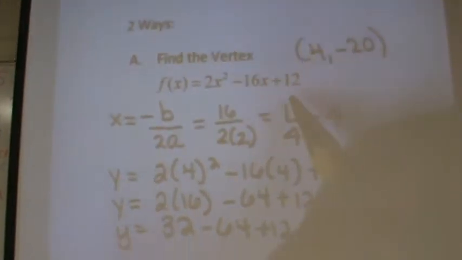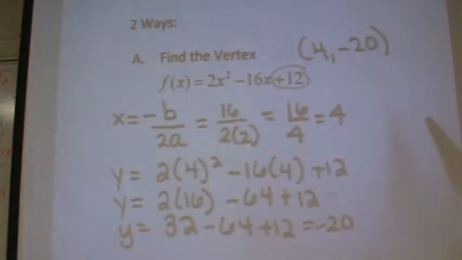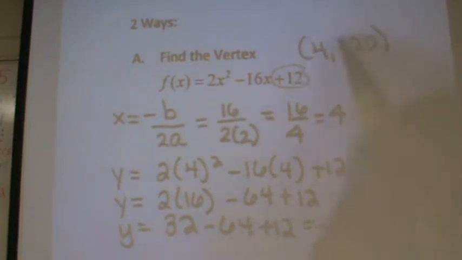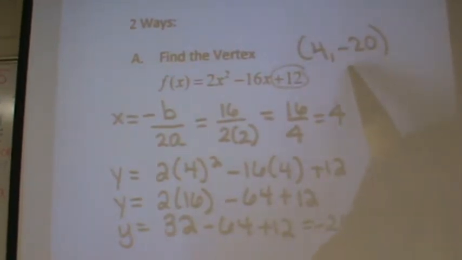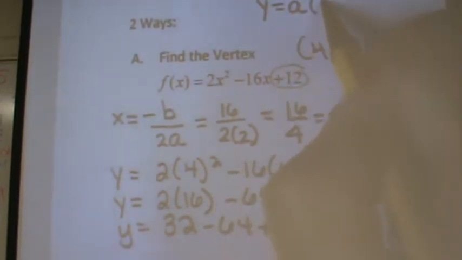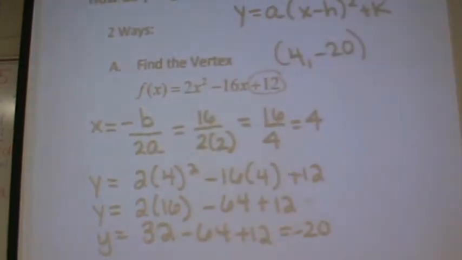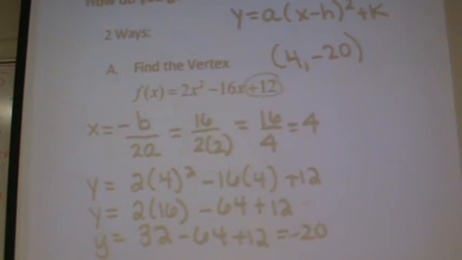How will you go from polynomial form, which gives us the y-intercept, to now we have the vertex? How are you going to plug this into the equation? Well, what does the equation look like? It's like this. That's it right there. That's the form. That's your recipe.